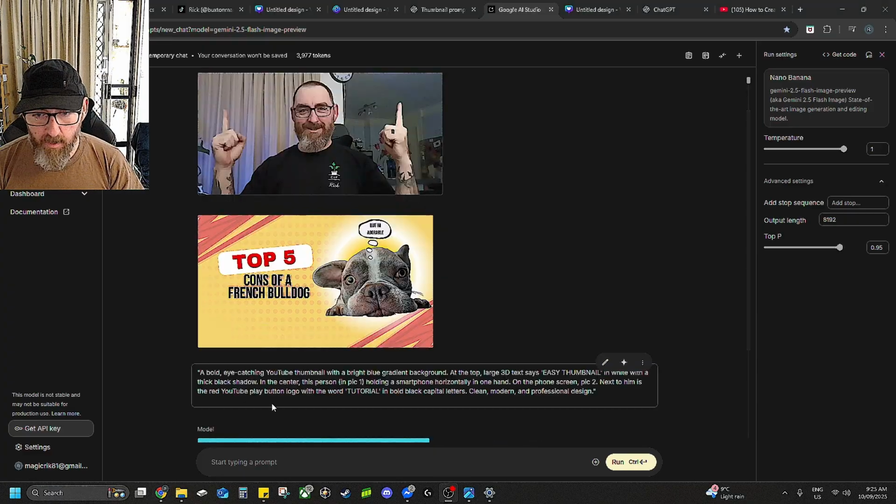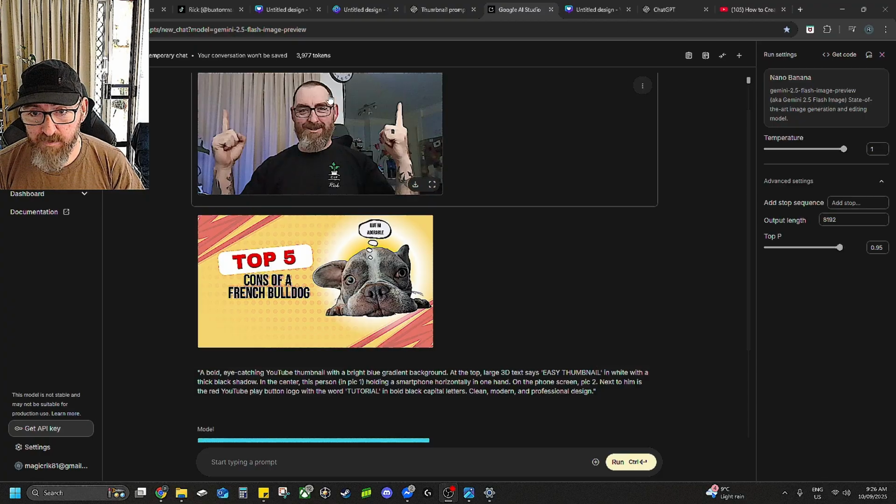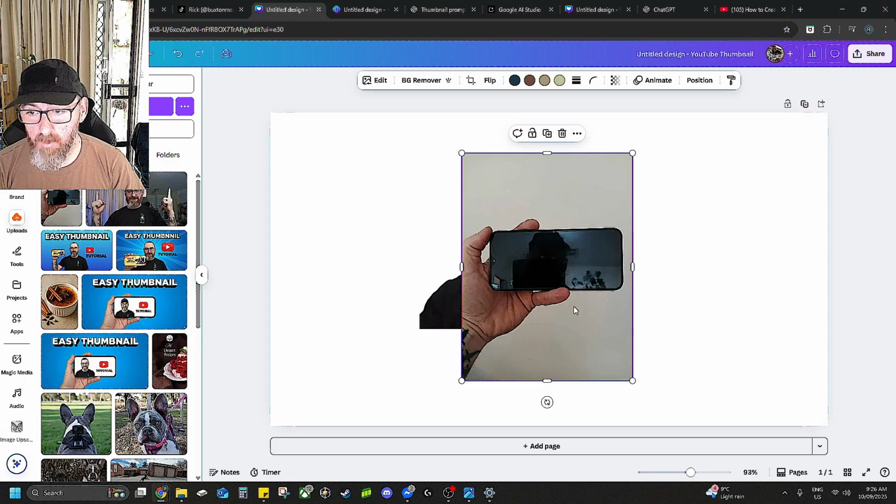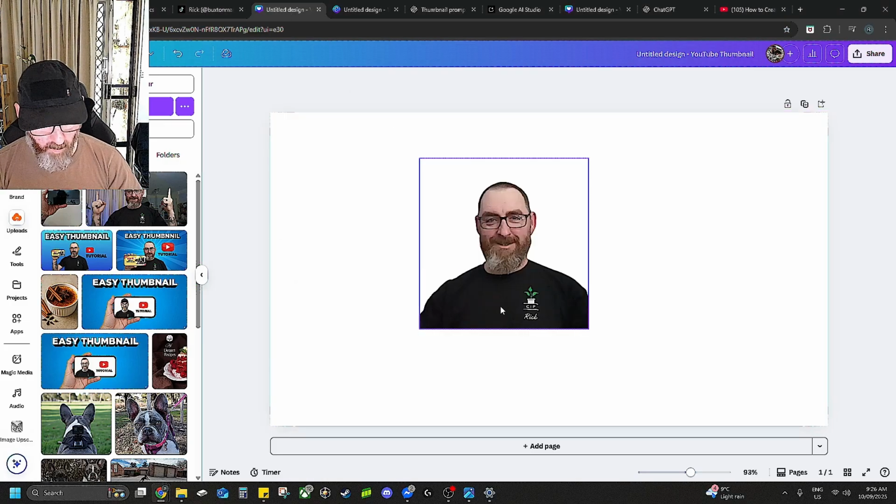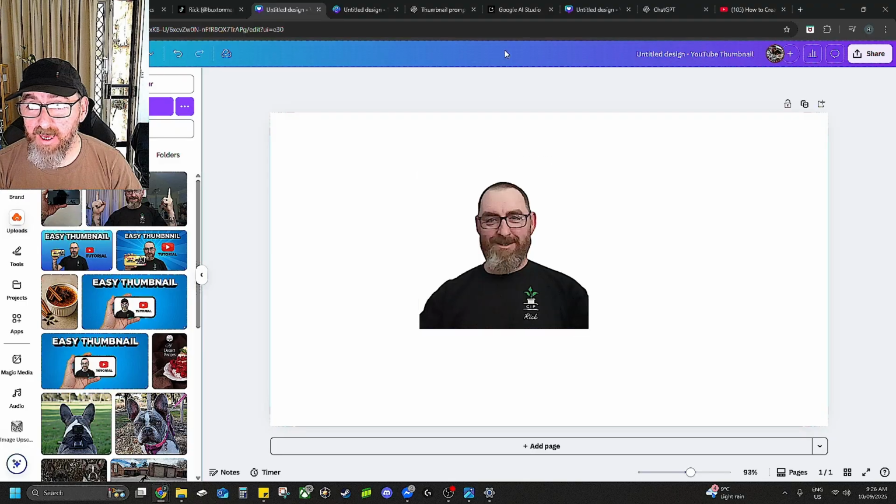So what you can see now is I've copied in the prompt. We've kept the same thing as the previous prompt, but we've altered it slightly. Instead of the hand holding the phone in the center, I've put this person in pick 1, which is myself from the beginning, the photo that we photoshopped back here.